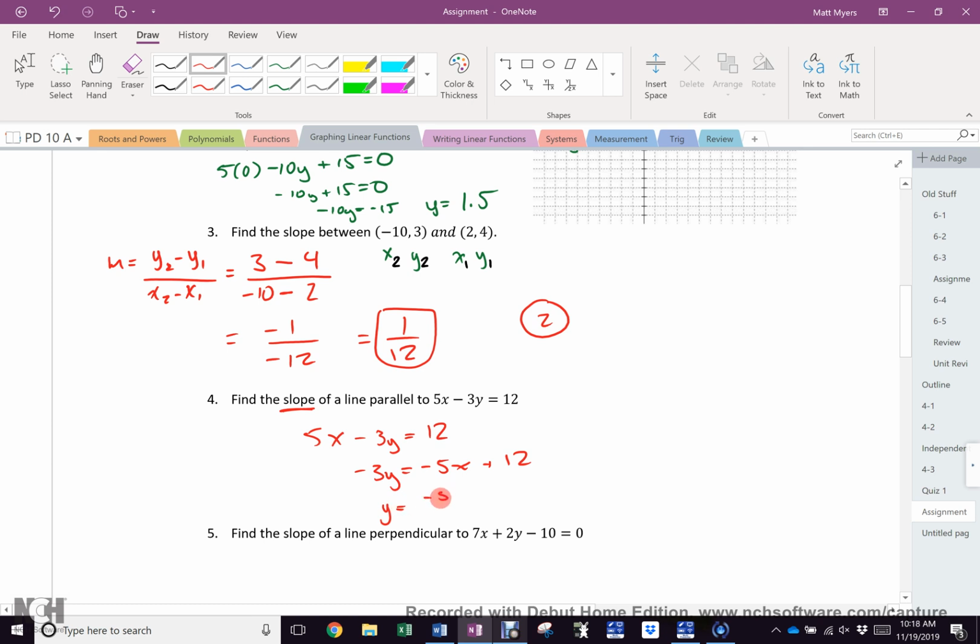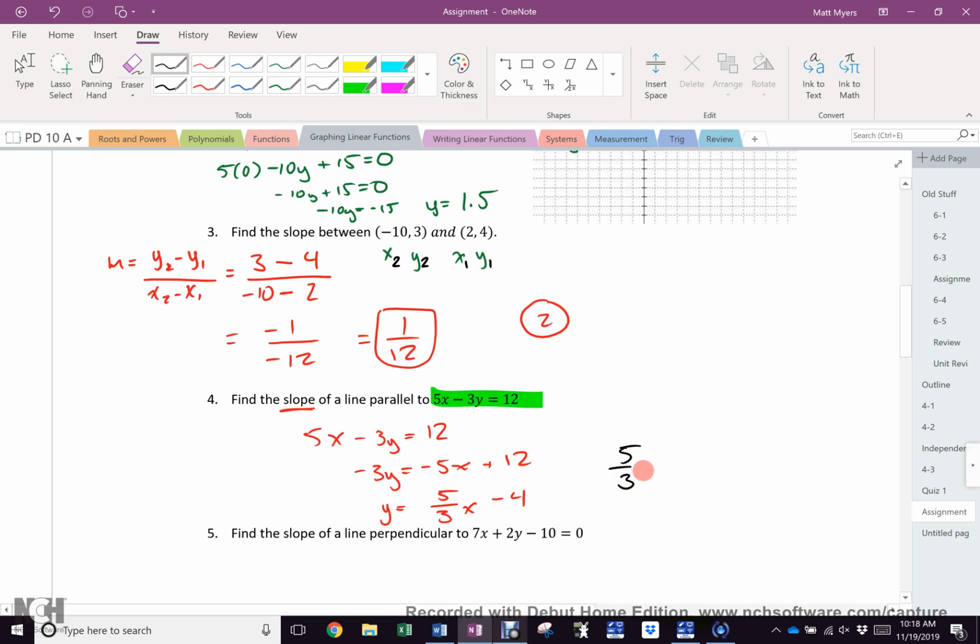Y equals negative 5 over negative 3x minus 4. Two negatives, positive. What is the slope of this line? What is the slope of that line? 5/3. What is the slope of every line that is parallel to that line? 5/3.